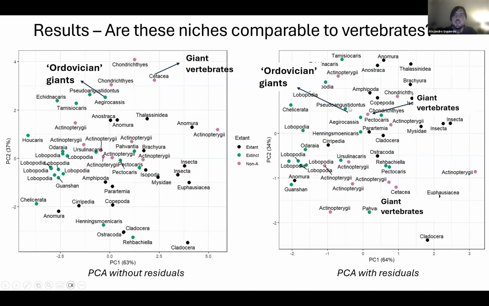Some of these Ordovician giants plot more or less closely to giant vertebrates like whale sharks, but other ones, like for example, actual whales, plot very differently. If we include the influence of body size, then of course, all of them plot very close together. So that means that body size also influences a lot whether we consider them to be in the same niche or not. But in any case, some of them were really close to manta rays, for example.